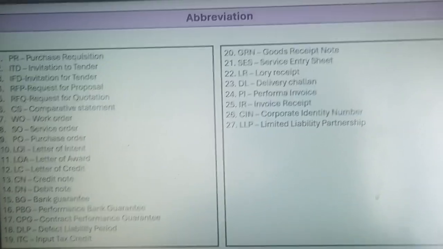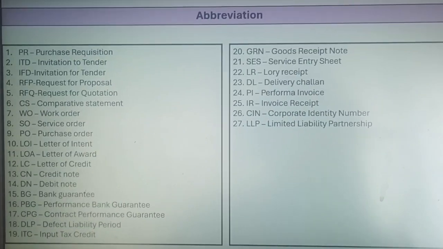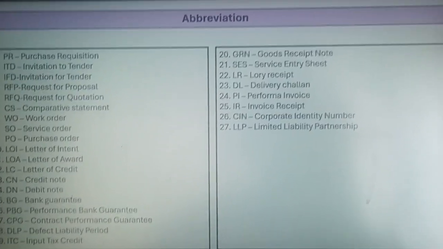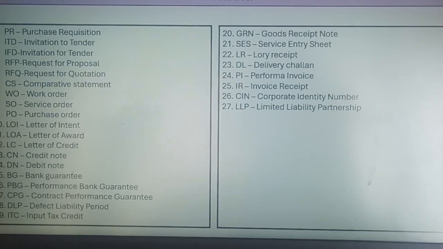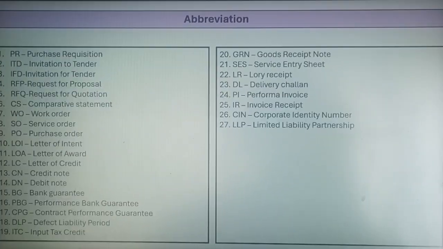LLP is called a limited liability partnership as per the Companies Act 2013. There are many segregations in the types of companies.